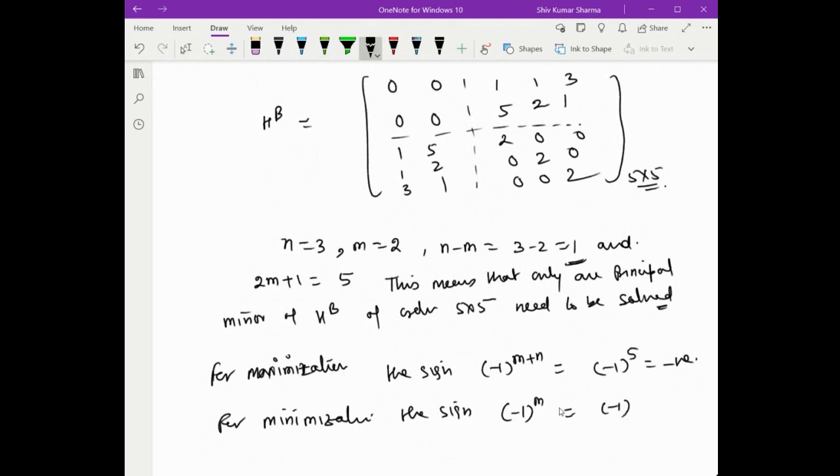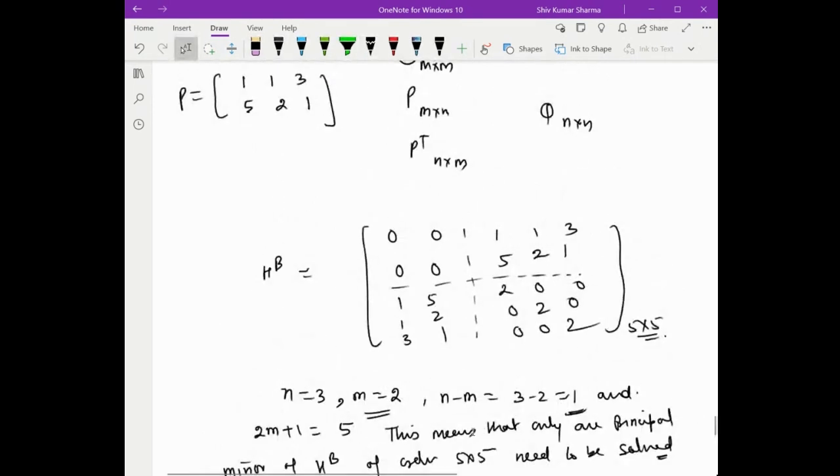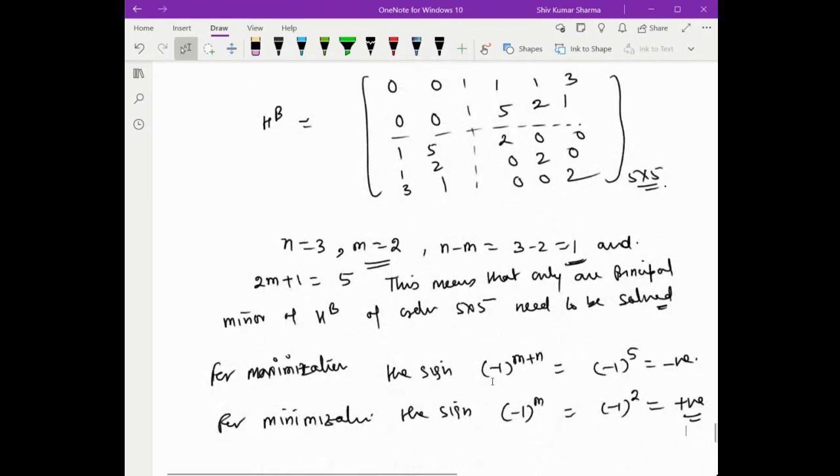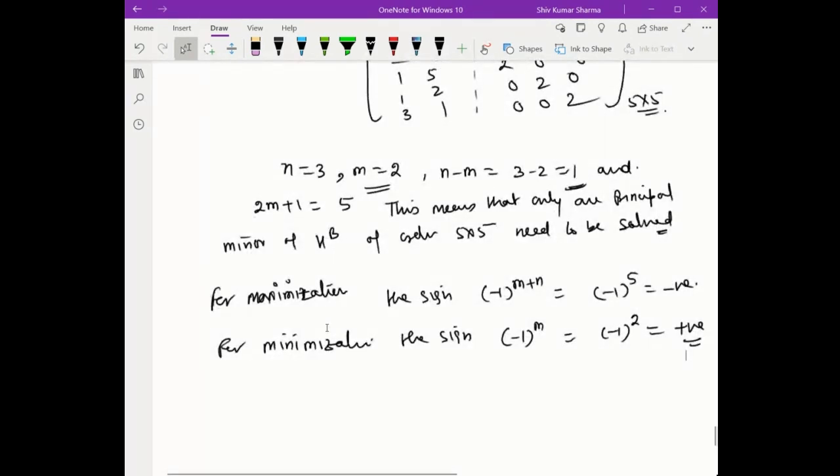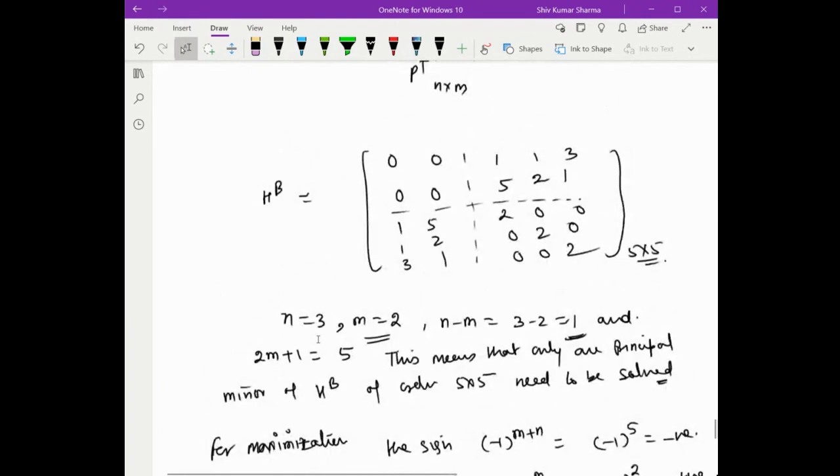So we write minus 1 raised to the power m, m equal to 2, this means positive. So when the determinant of the border Hessian matrix is negative, we say that the function is maximization, and for positive we say minimization.